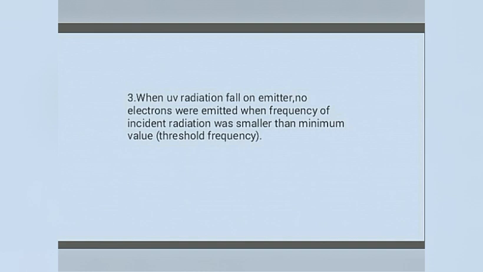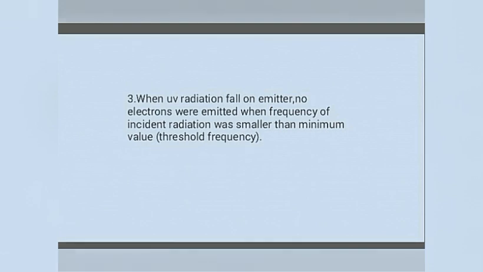Next, the third observation is when ultraviolet radiation falls on the emitter plate, no electrons are emitted when the frequency of radiation is smaller than a minimum value. That minimum value is called the threshold value. If the frequency of incident radiation is smaller than this threshold frequency, then no photoelectric emission takes place.